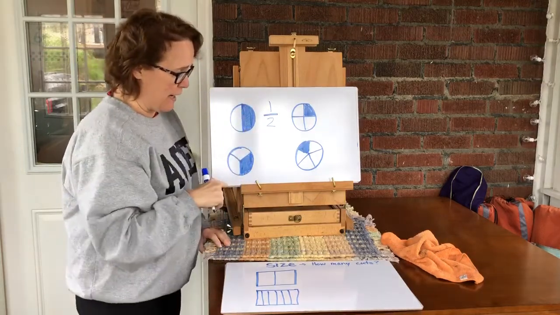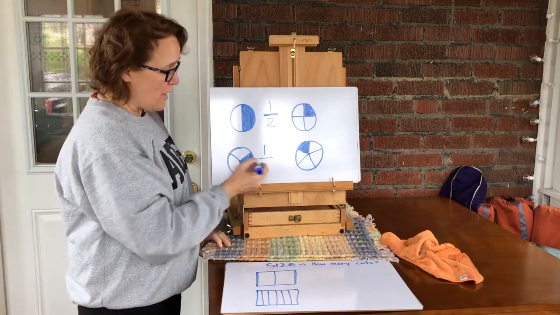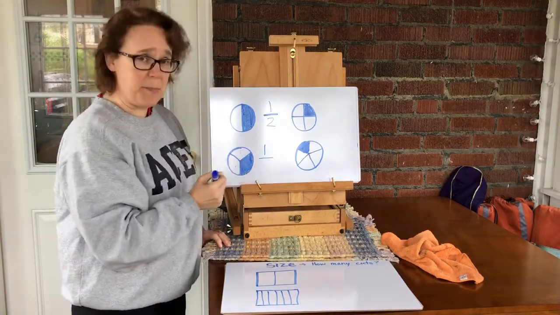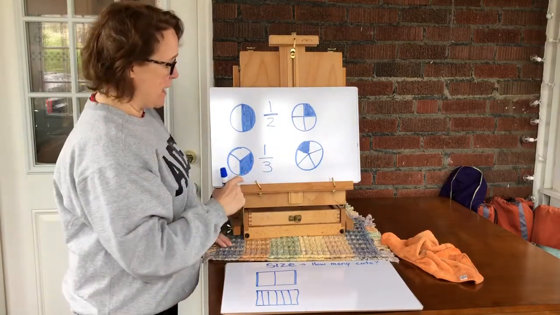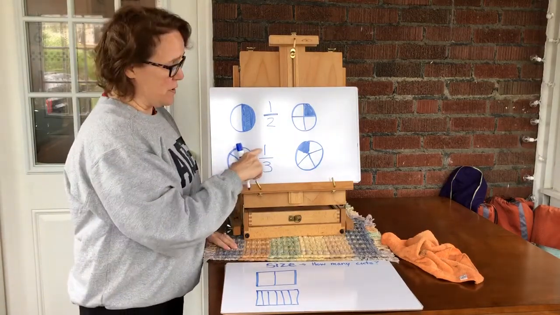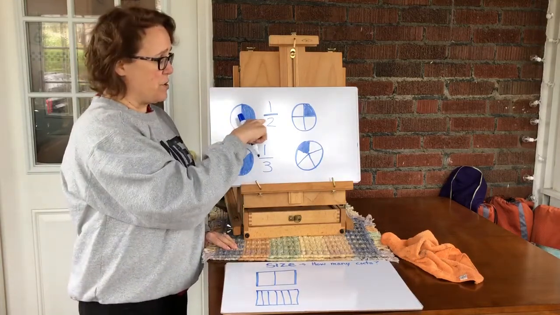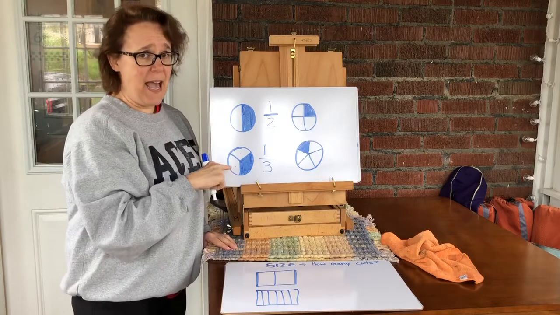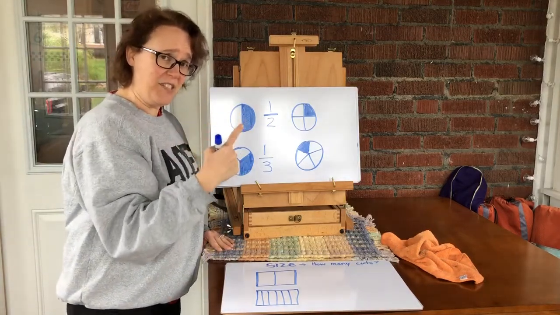Let's go down to this guy. I still have 1 colored in. Now I have 1, 2, 3 pieces, so my denominator is 3. Again, I don't call this 1 three, I call it 1 third. So 2 pieces and 3 pieces have their own special name, and after that, we can just add the th.